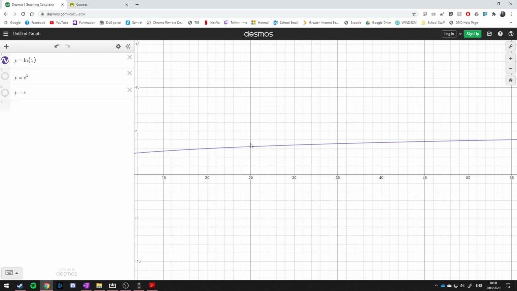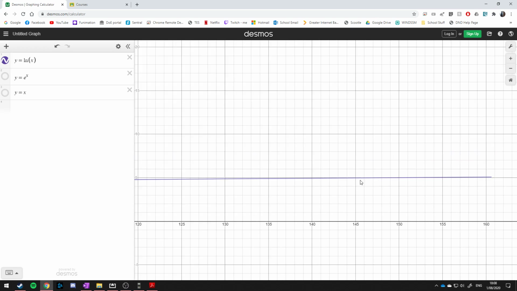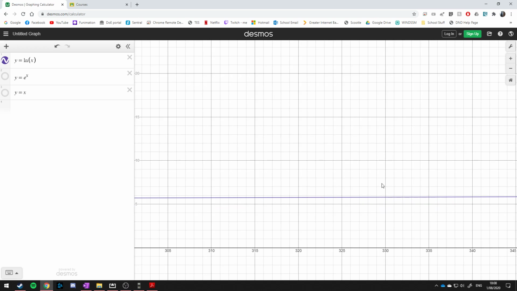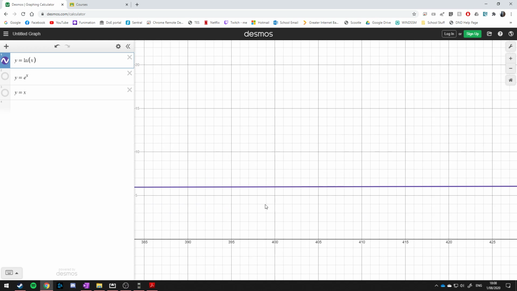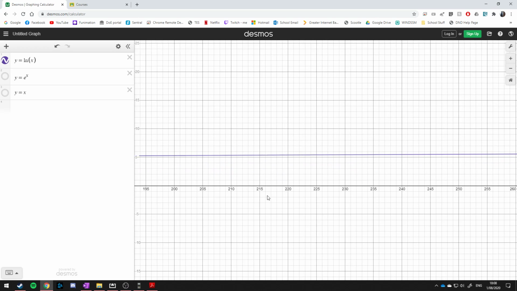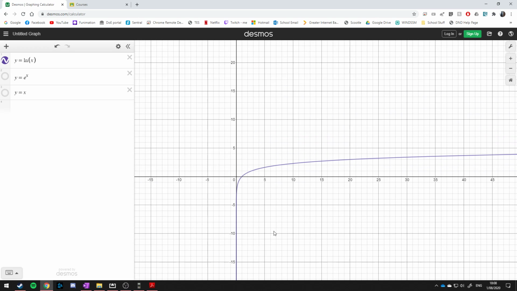Even though it looks like it slows down very quickly, it will actually keep increasing, just at a decreasing rate. It always goes up, so it does get to infinity.